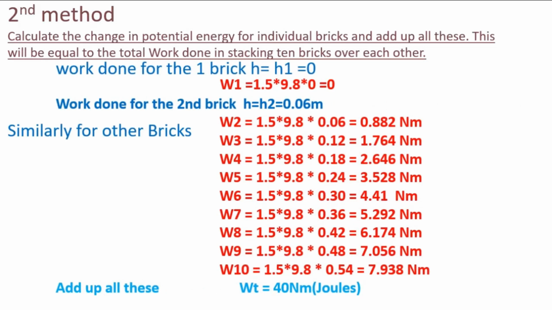For the 10 bricks, the individual change in potential energy is the work done, and at the end we will add up all these changes in potential energy, which will be equal to the total work done, 40 Newton meter or joules, in stacking 10 bricks over each other.